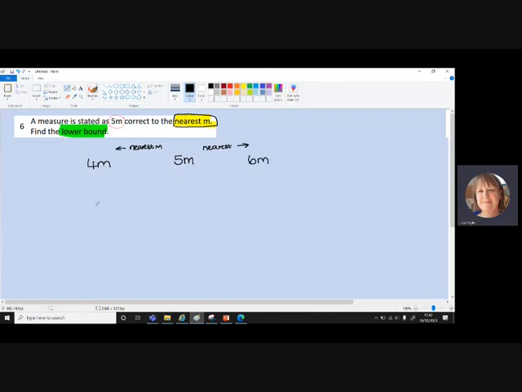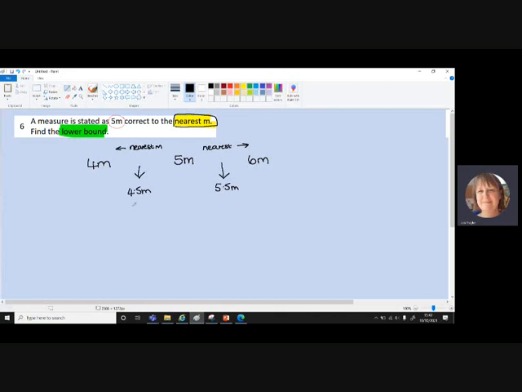The point where we would round up or down falls exactly between those two. So 4.5 meters here would round up to 5 meters, and 5.5 meters here would round up to 6 meters. Anything else would go in the opposite direction.